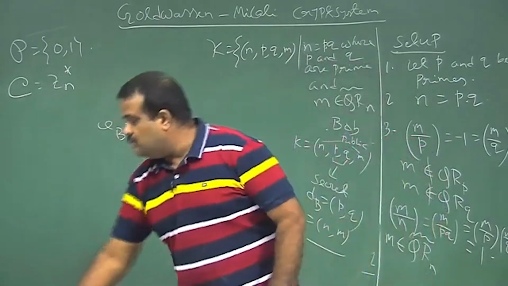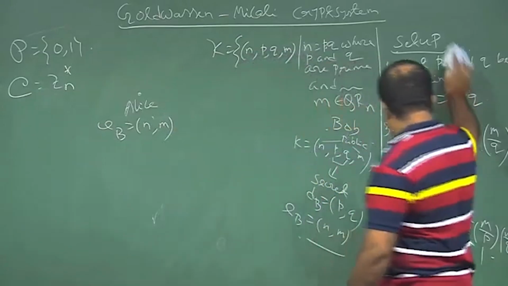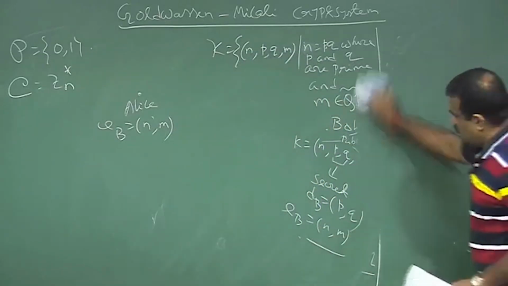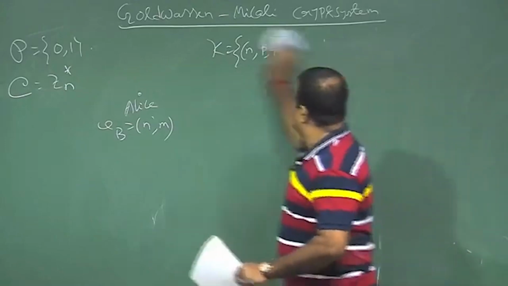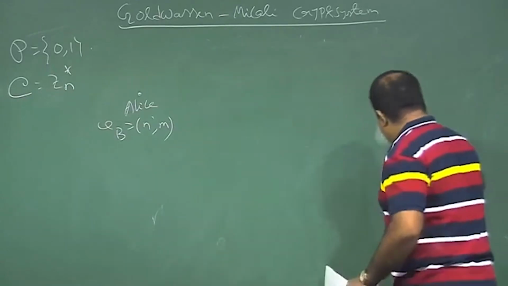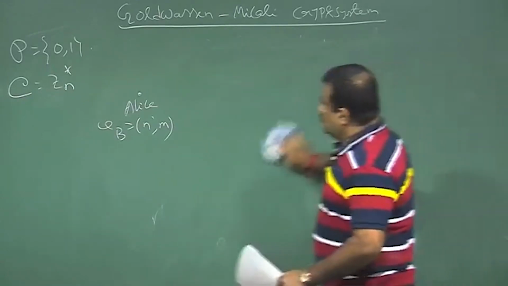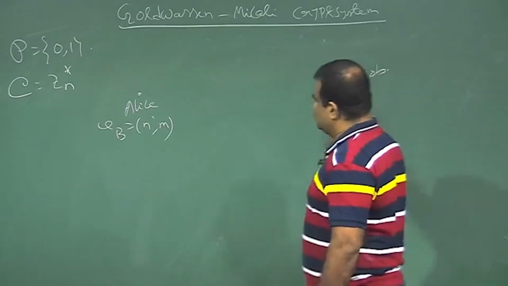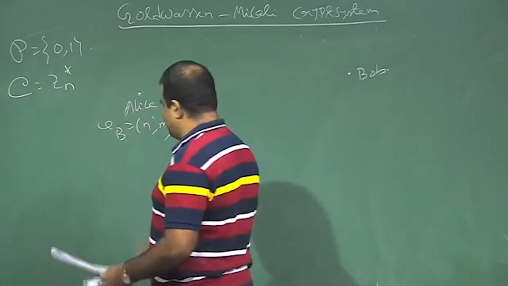So now, what is the encryption? Alice has Bob's public key.